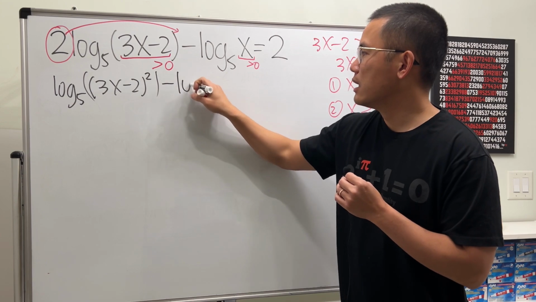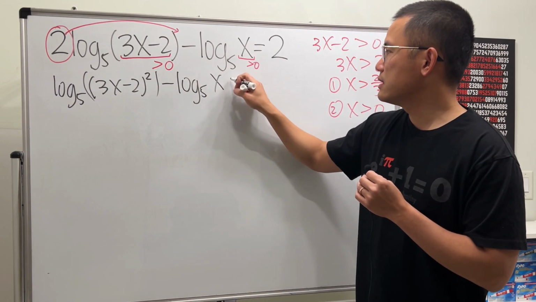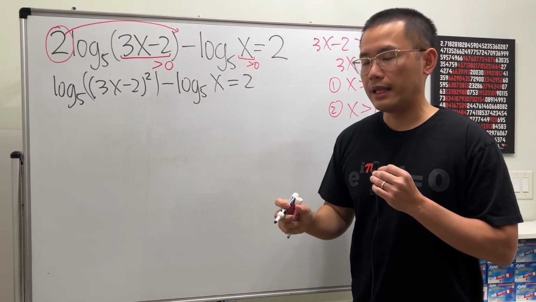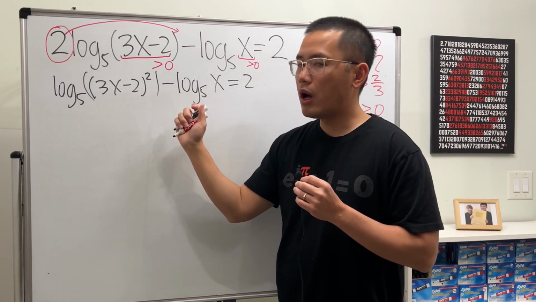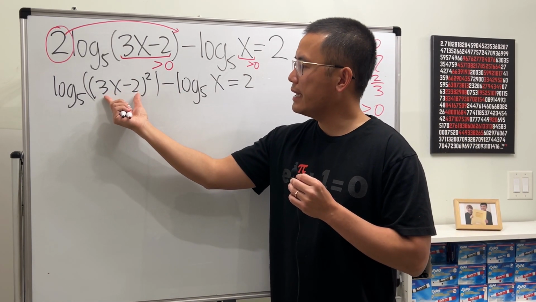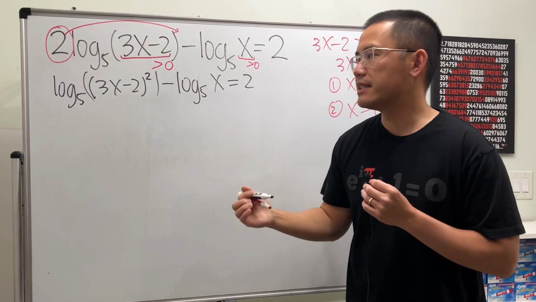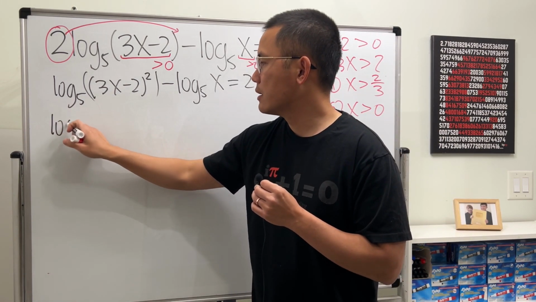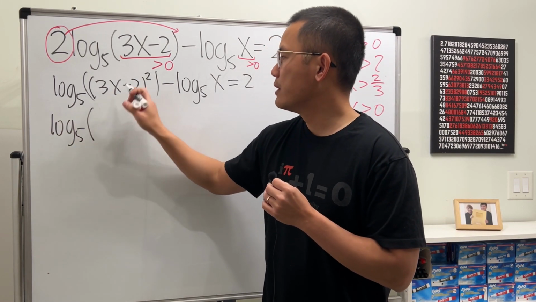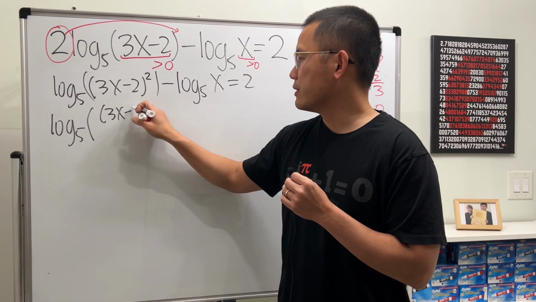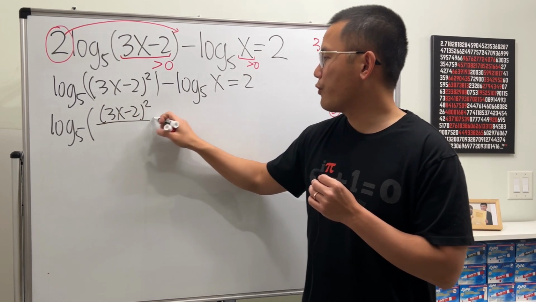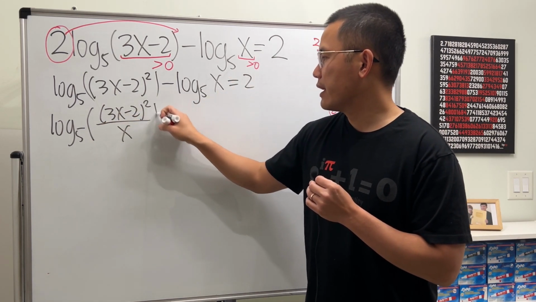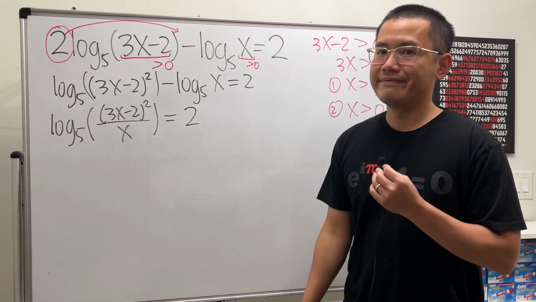And then minus log base 5 of x is equal to 2. When we are subtracting 2 logs, we can just do the inside divided by the second inside. So this is log base 5 of (3x minus 2) squared over x, and that is equal to 2.